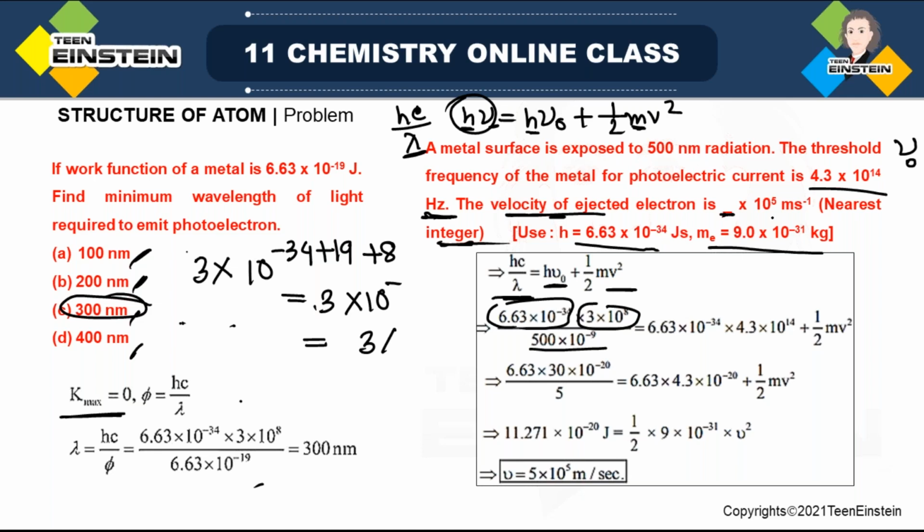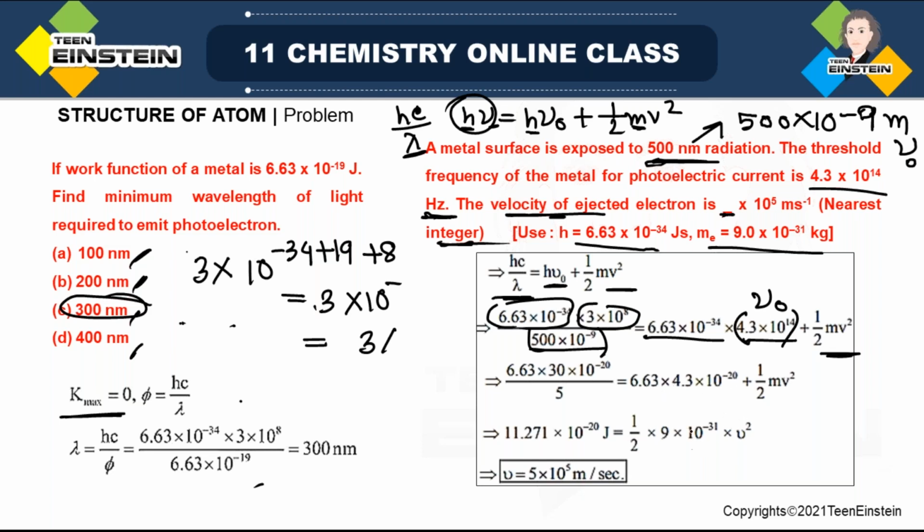Otherwise, the SI unit, you have to maintain. Keep that in mind. Convert it to meter. So for that, you have to multiply by 10 to the power minus 9. Then it will be converted to the meter unit. So that is already done here. And in the right hand side, again h. This is the value of the threshold frequency nu naught, already given in the question, and half mv square, the kinetic energy.